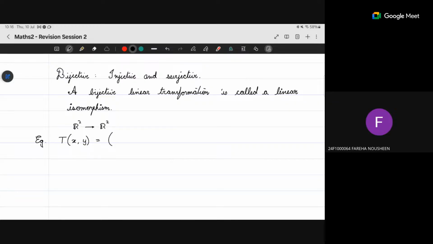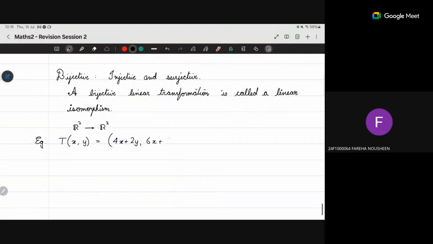Something like 4x plus 2y, and 6x plus 3y. That's it. You have to verify that this is a linear transformation first. But let's try to see if this is injective or not.